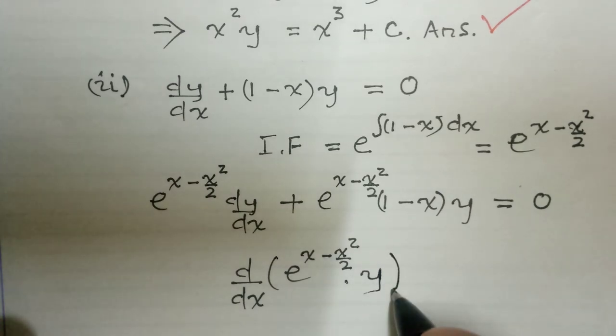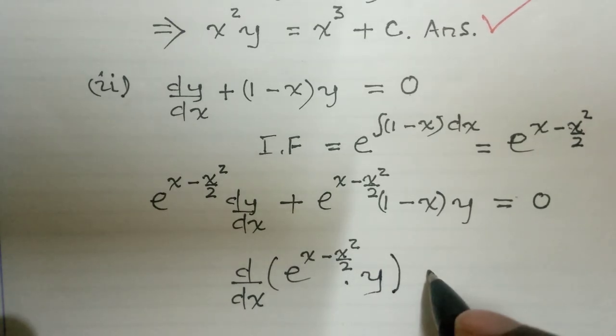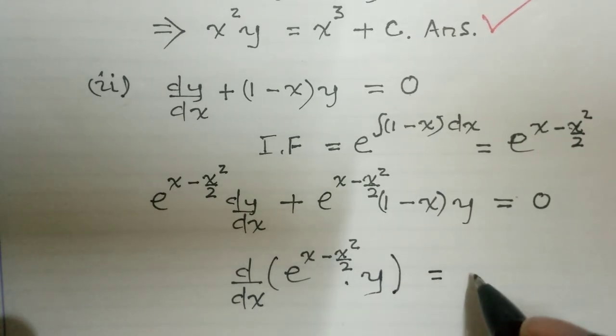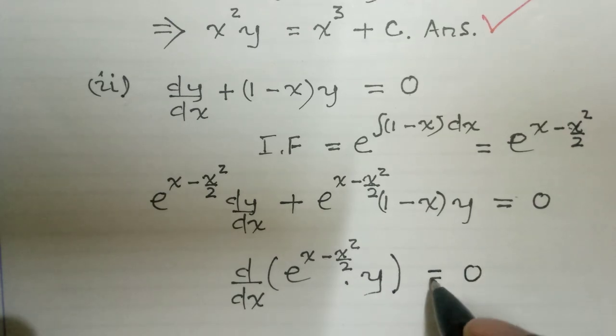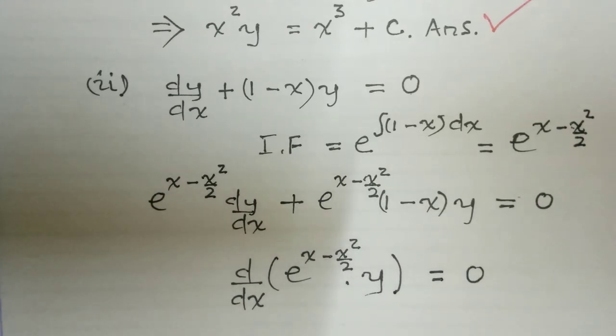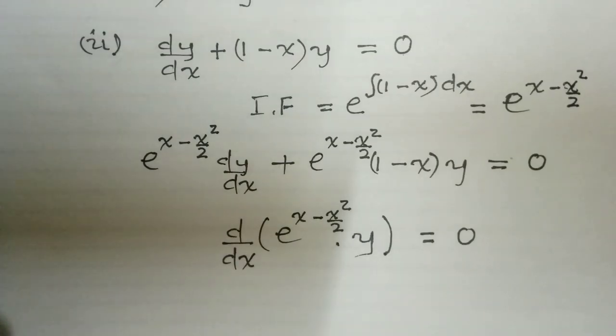This one is the one that will give us 0. So from there, we integrate both sides.